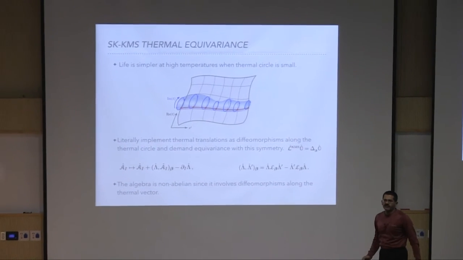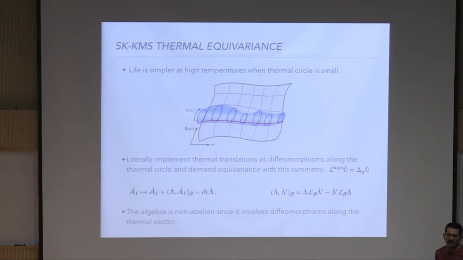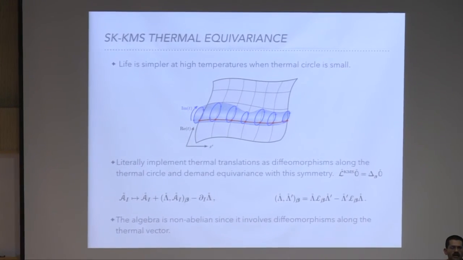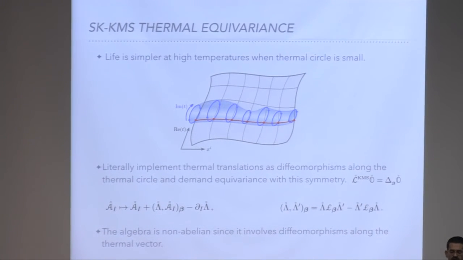Let me heuristically continue to say that there is a local thermal circle fibration over my Lorentzian manifold, and the claim I want to make, in a very heuristic sense, is that you demand equivariance in the non-equilibrium context too under this thermal circle diffeomorphism. That's what this L beta means.